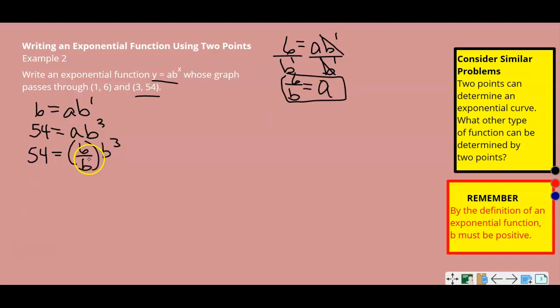All right, so if this is b to the first, 3 minus 1 is b squared. So this is 54 equals 6b squared. So all I did was simplify. Now I can divide by 6. 54 divided by 6 is 9.